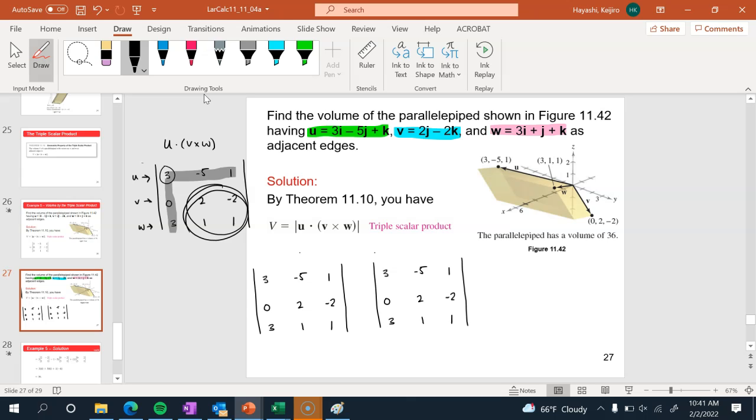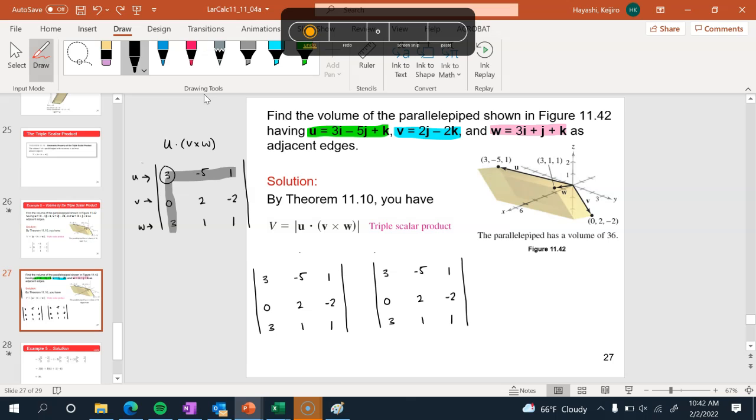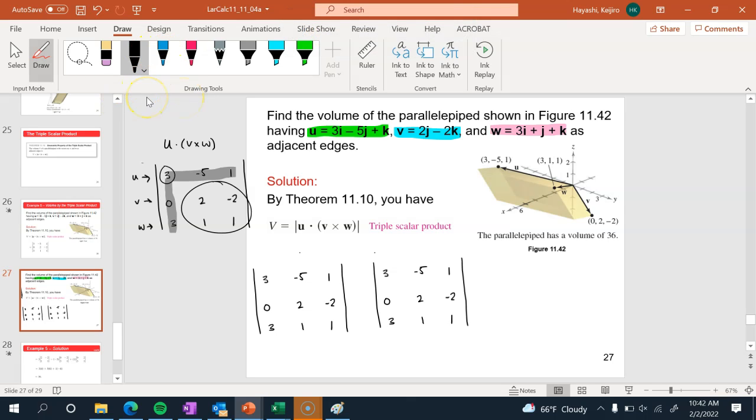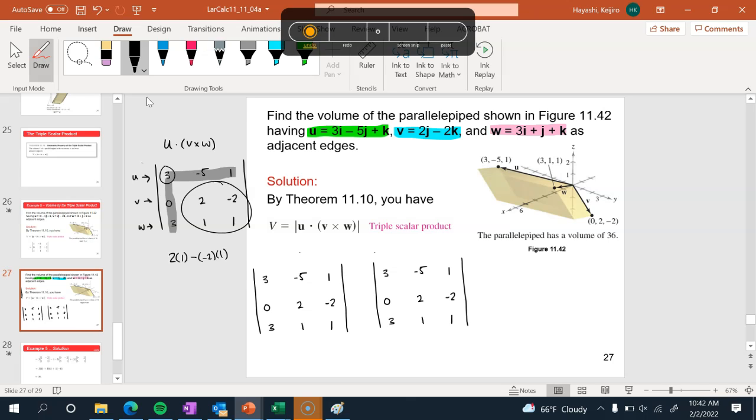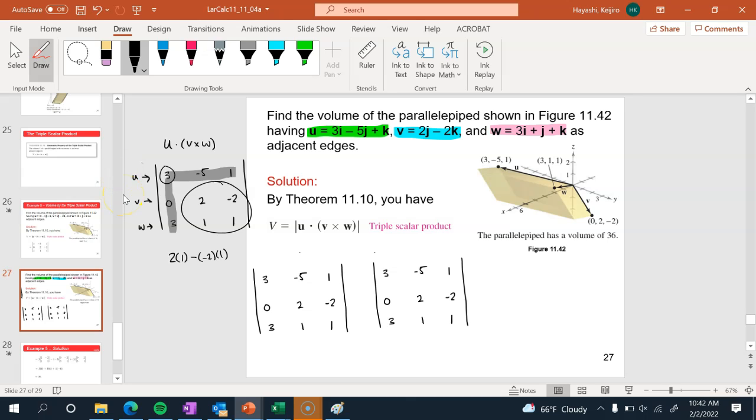Same way that we were multiplying it by the standard vector I before. But we'll just take a look at this. So 2 times 1 minus -2 times 1. So 2 plus 2, right? So which is 4. So 4 times 3? So just 12.